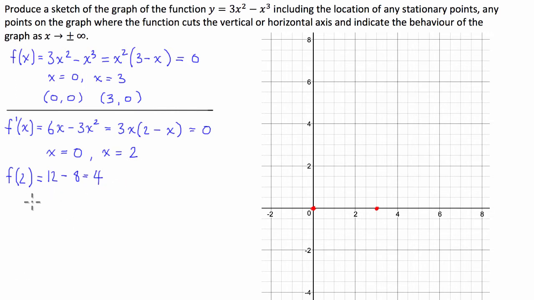So we have a stationary point at 2, 4 and 0, 0. Great. So let's put that point in, 2, 4.